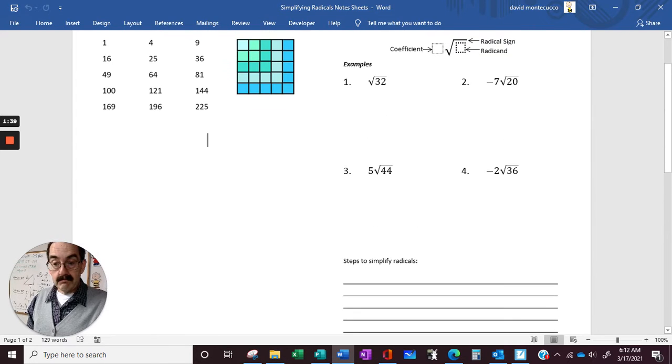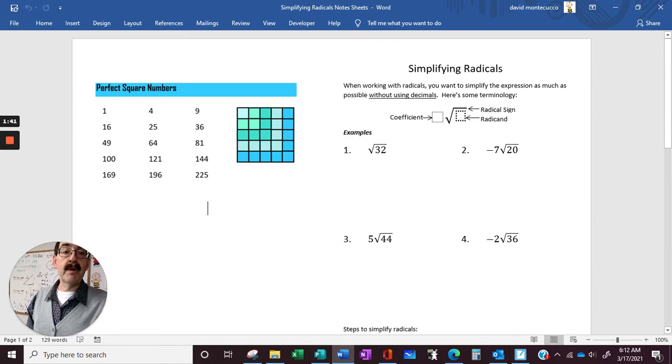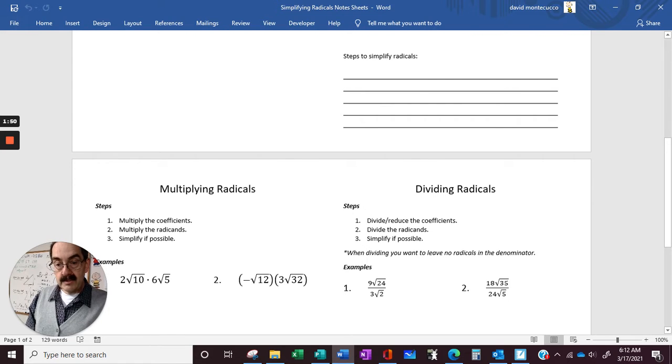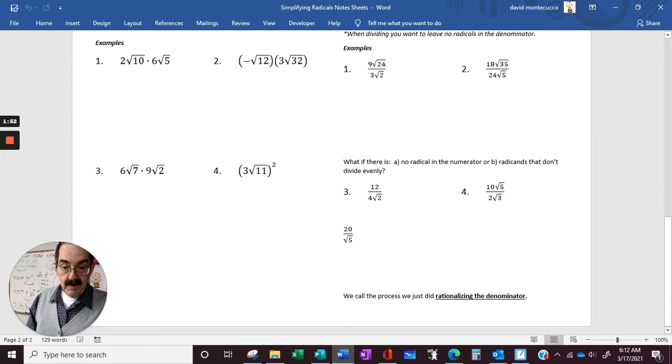We fold it down the middle, and we're going to have page 1, simplifying radicals. Then we're going to go to multiplying radicals, and then dividing radicals. And then we'll see how much time we have left in the week for this thing called rationalize the denominator. And for those of you that did Mathia, it does it for you.